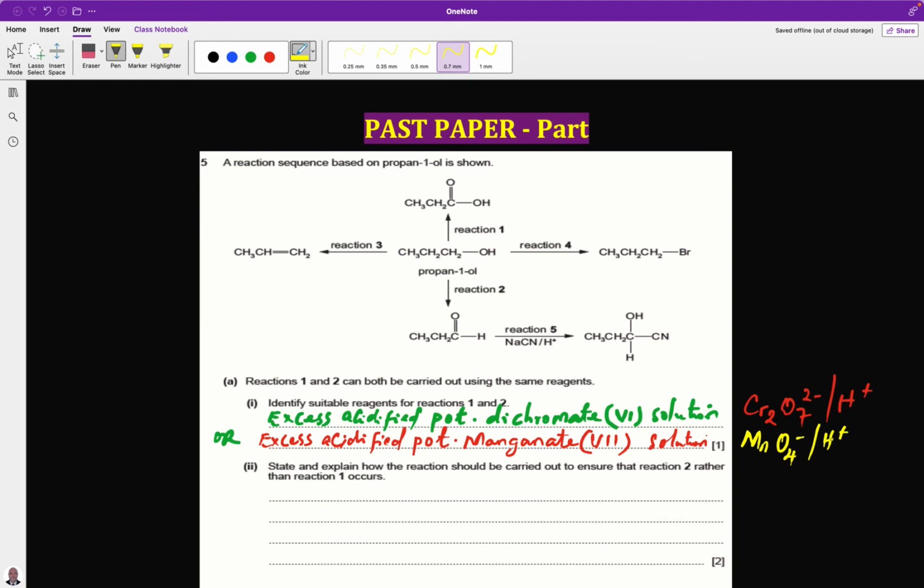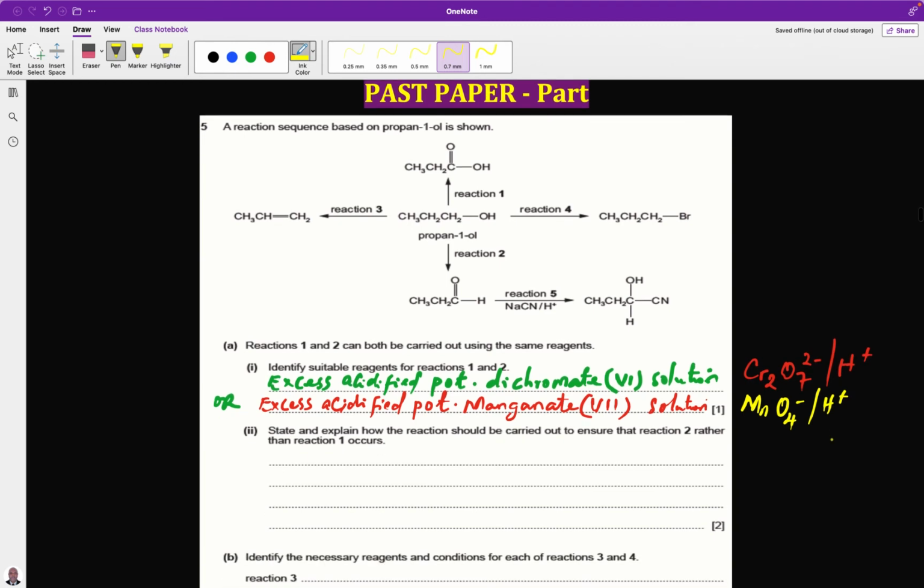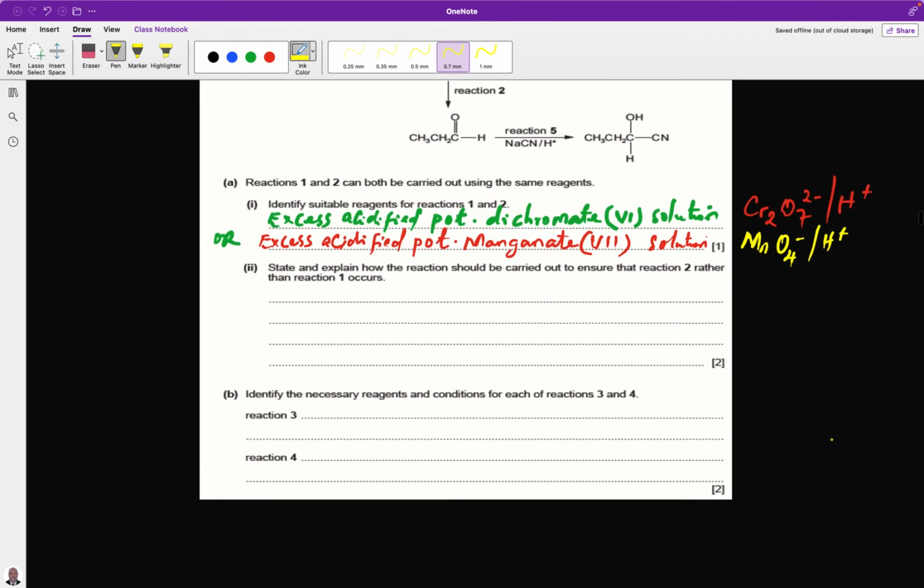Those are the suitable reagents you can use: excess acidified potassium dichromate 6 solution, or excess acidified potassium manganate 7 solution. These are good oxidizing agents.